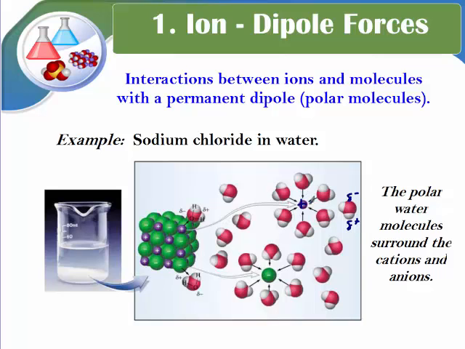Because sodium is positive, all of the water surrounding it have oxygen facing the sodium because opposites attract. And if we look at our chlorine, which is negative, all of the hydrogens are facing towards the chlorine because slightly positive is attracted to the negative. Because those ions are surrounded by water, they're not able to go back together.